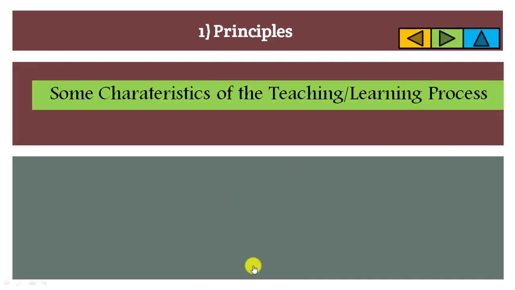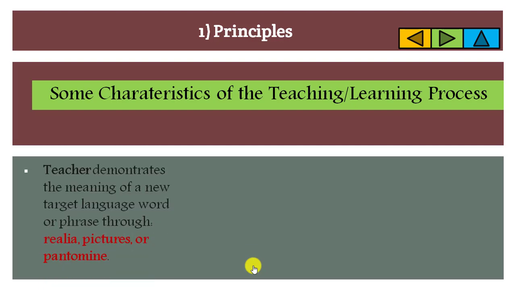The third question, what are some characteristics of the teaching-learning process? The answer is, the teacher demonstrates the meaning of a new target language word or phrase through realia, say objects, pictures, or pantomime.